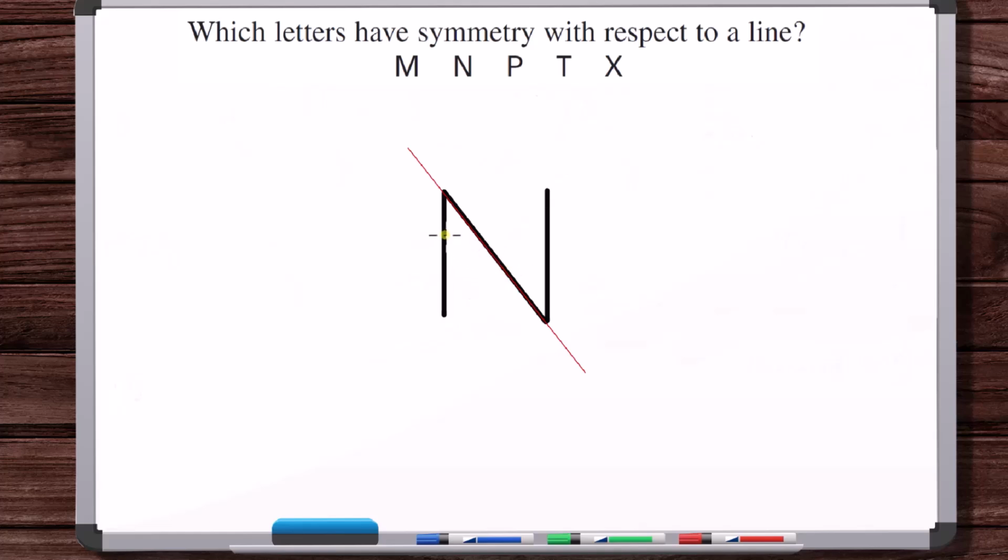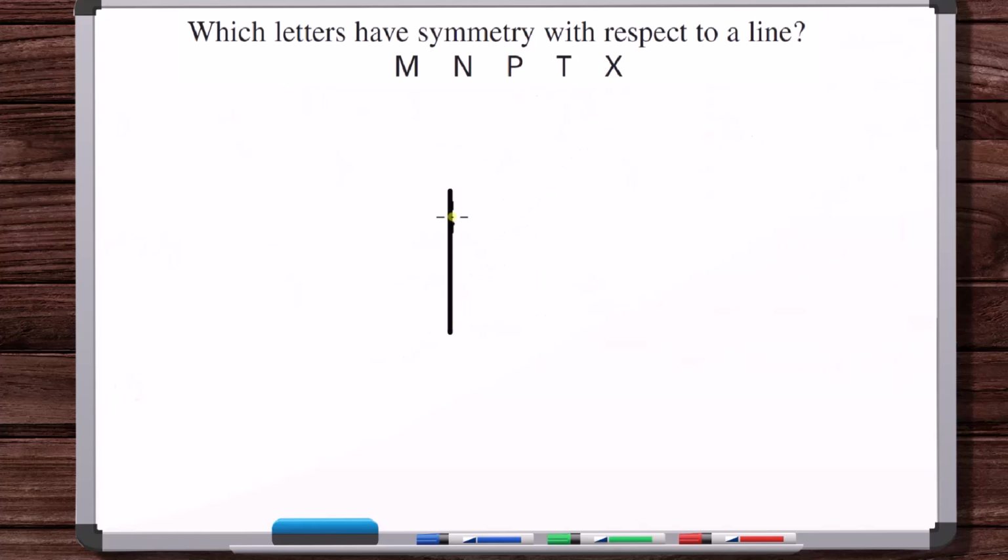But what about the rest? No, it's not going to work. What about a line like this? Well, no, that's not going to work either. So no lines of symmetry here.